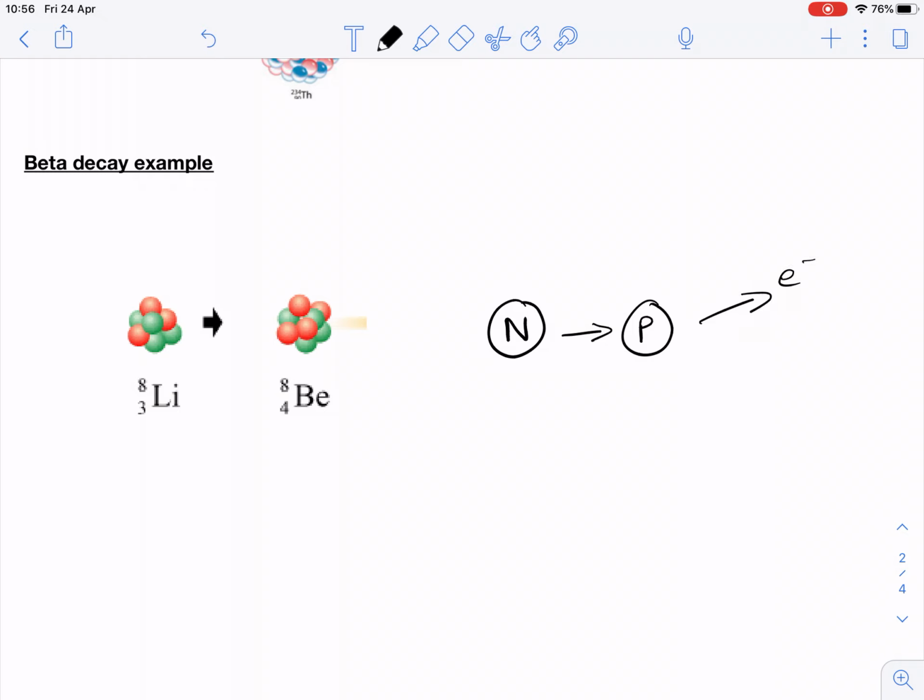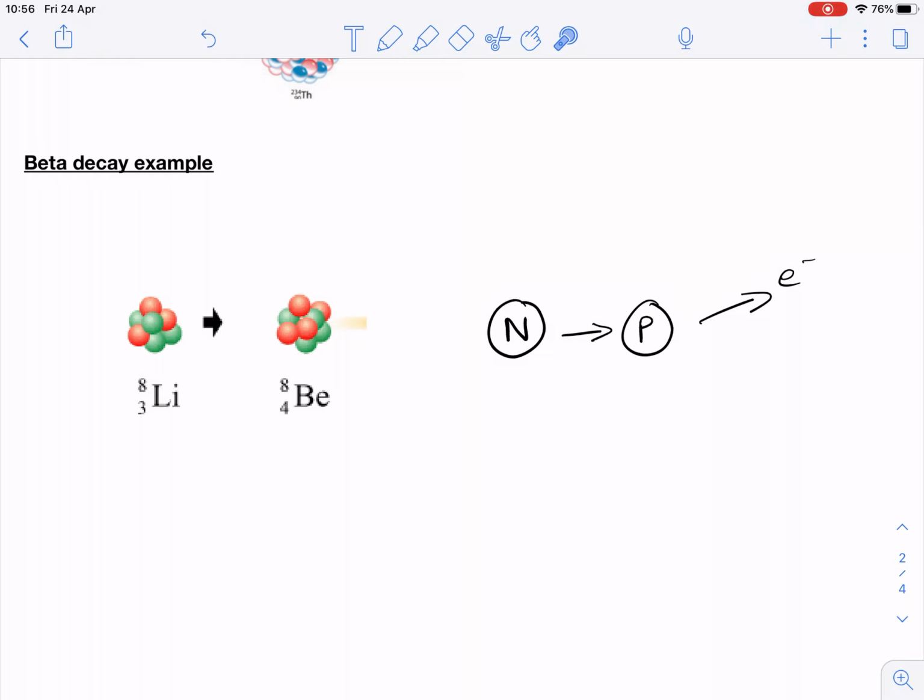Now, the impact that has on the atomic number and the mass number we're now going to look at. The mass number, you'll notice from here to here, hasn't changed. So when a neutron changes to a proton, it doesn't have an impact on the mass number. You're swapping 1 for 1 because they're both in the nucleus. It's just an extra proton in the place of that neutron.